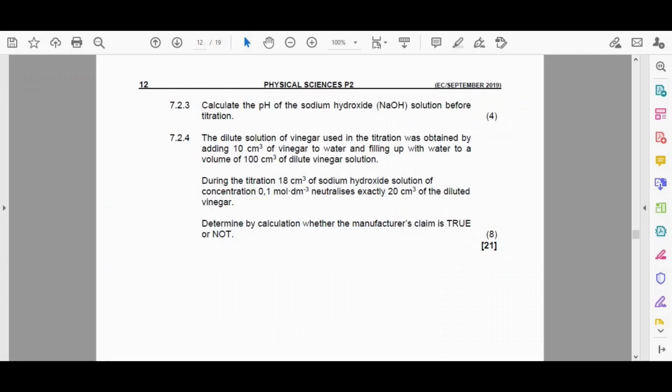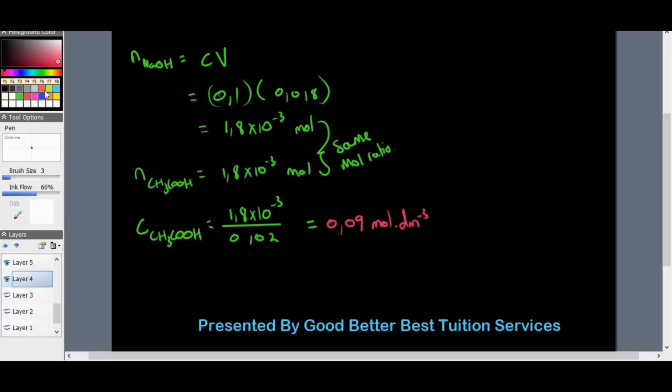Now, another thing to factor in: the question says that the dilute solution of vinegar that was used in the titration was obtained by adding 10 cubic centimeters of vinegar to water. So we still need to calculate the concentration of the undiluted vinegar. So we had 10 cubic centimeters there. So we take 0,09 and multiply that by 10.